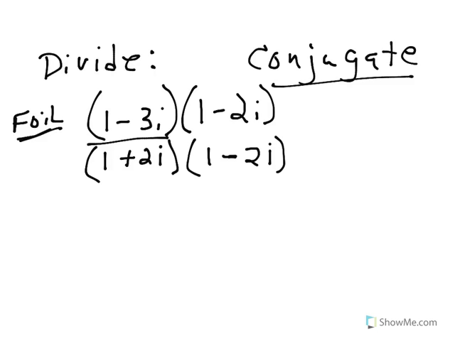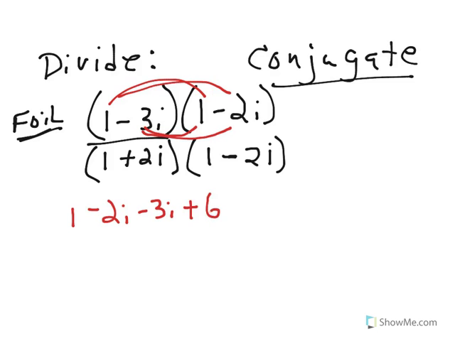So starting with the numerator, 1 times 1 is 1. 1 times negative 2i is negative 2i. Negative 3i times 1 is negative 3i. And negative 3i times negative 2i is positive 6i squared.